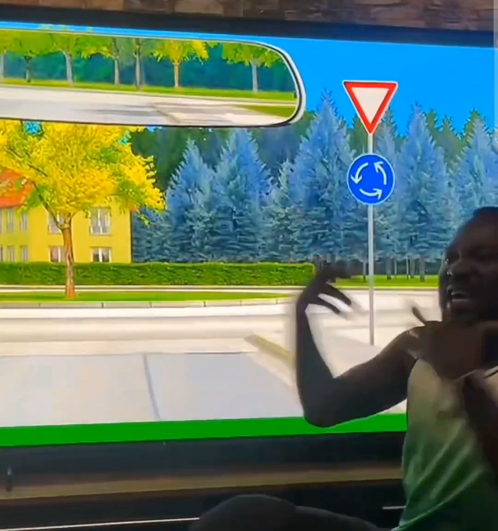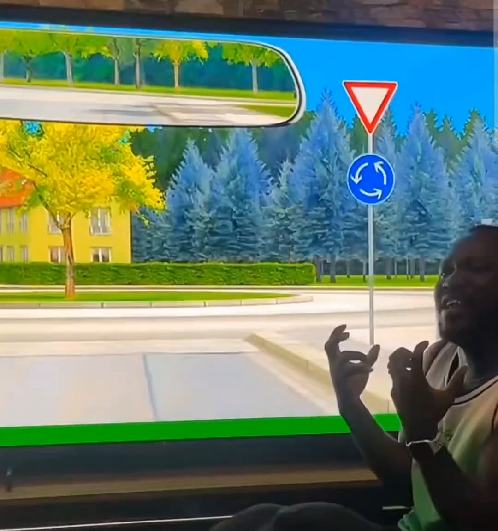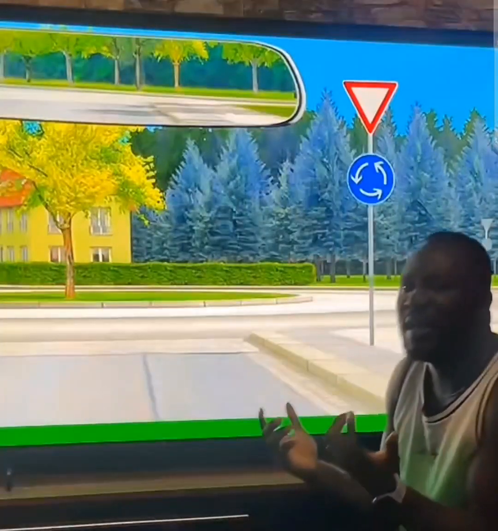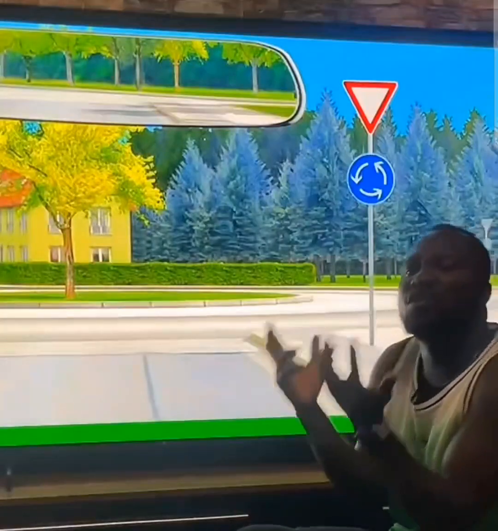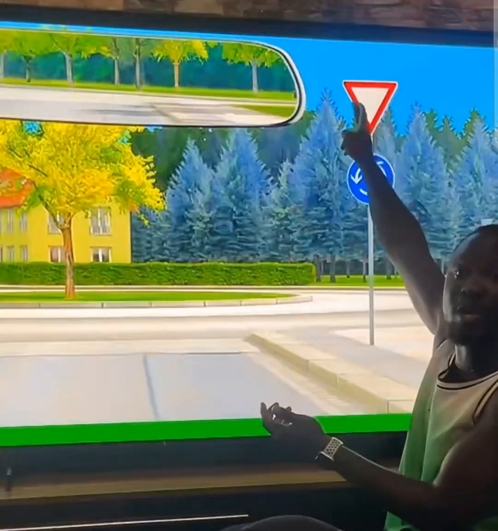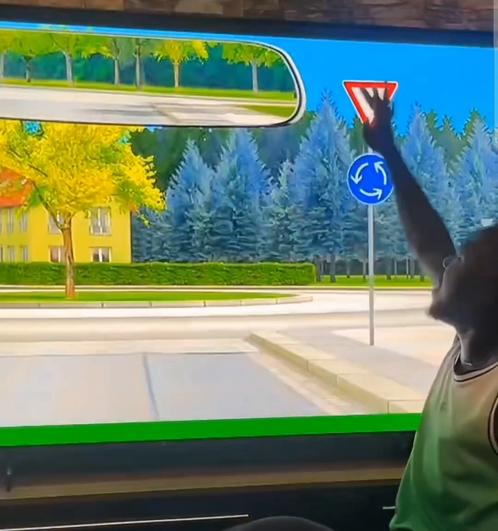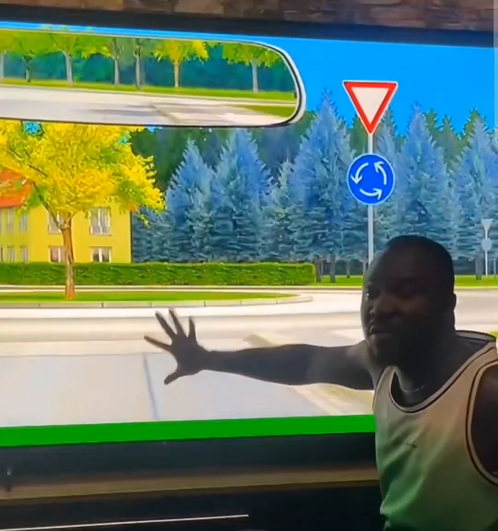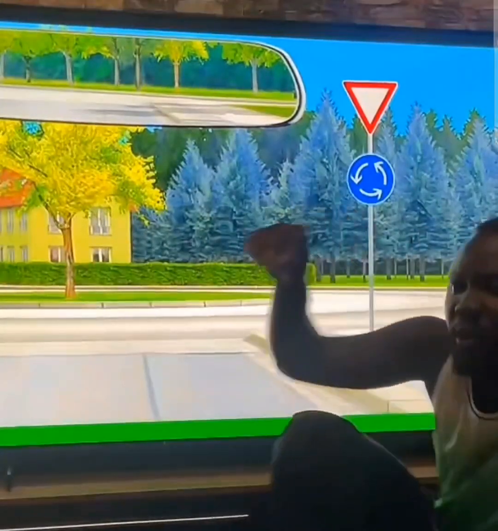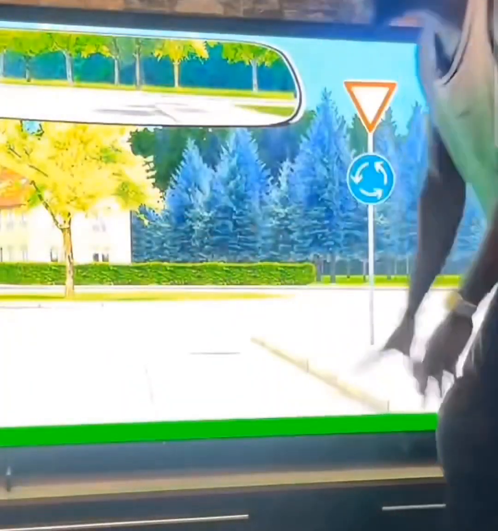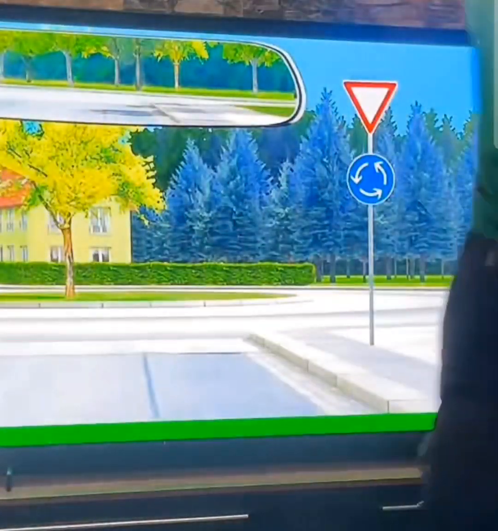This sign is telling us we have to give way. We have to stop. And that's why we have this here. So anytime we have this in this roundabout, we are stopping and giving way to everybody in this roundabout.